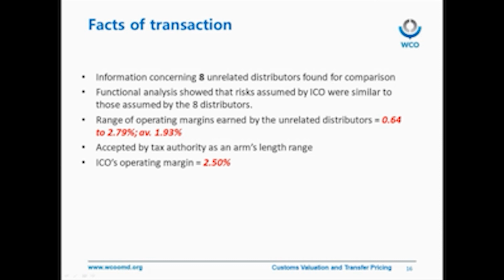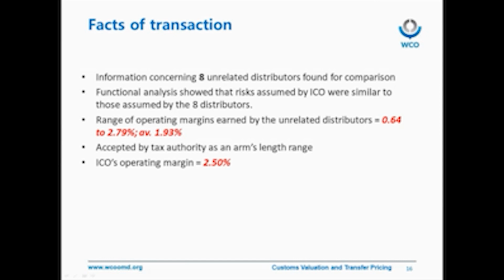And how about the operating margins? Because we want to make a comparison between the operating margins of the ICO and the other distributors. For these 8 unrelated distributors, the operating margin, the lowest is 0.64, the highest is 2.79, the average is 1.93.